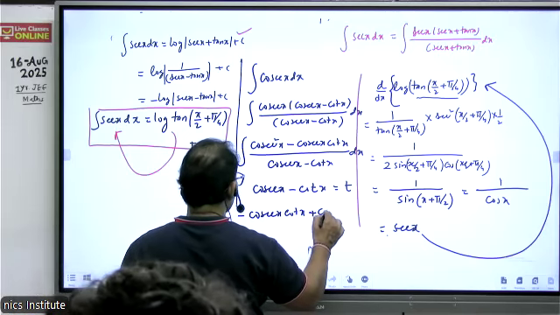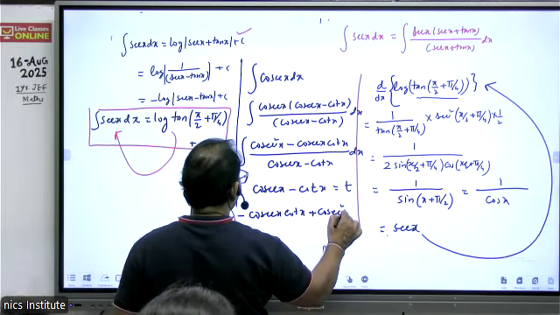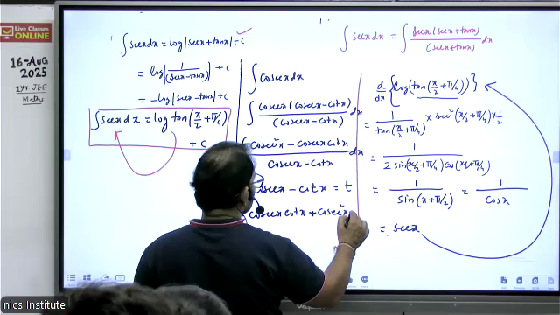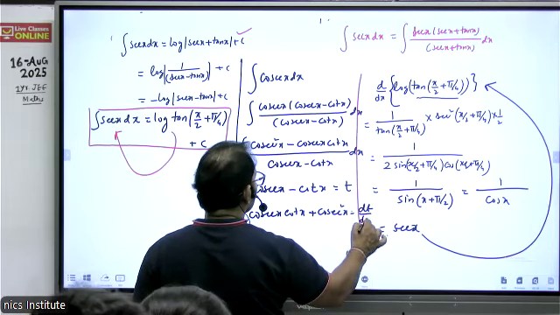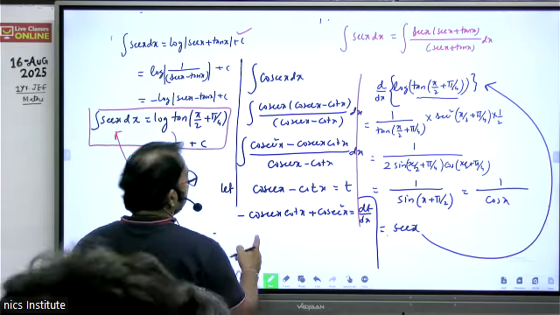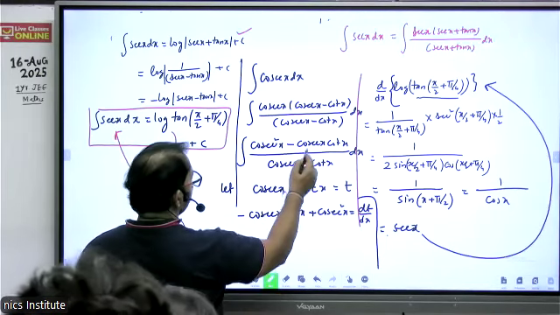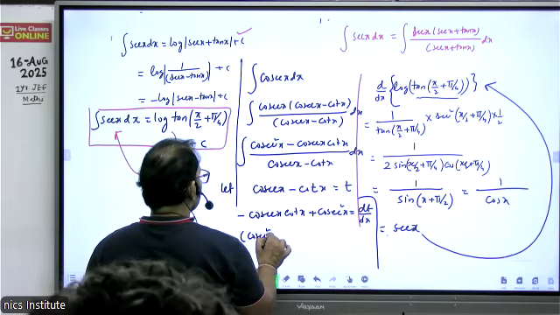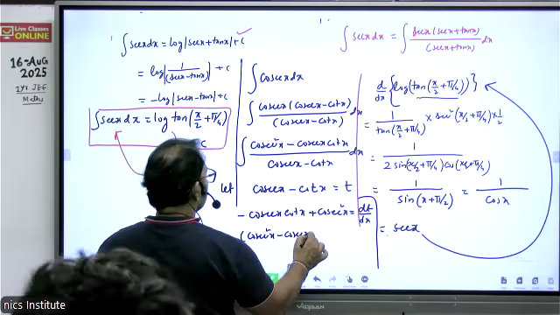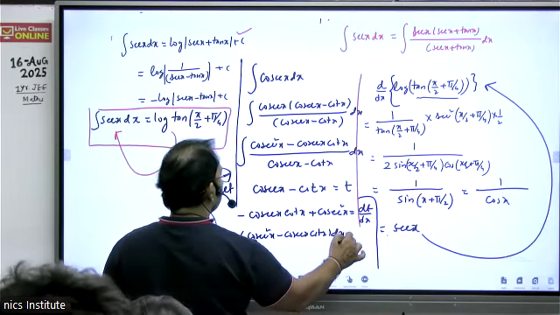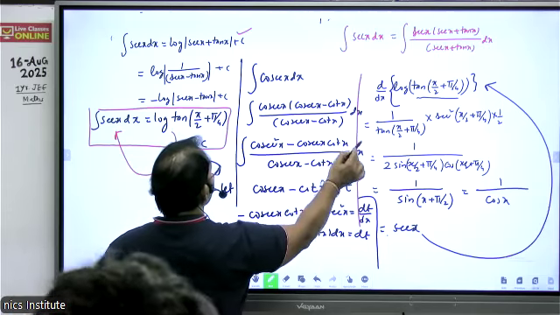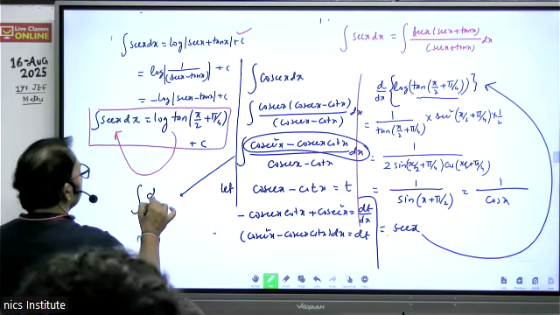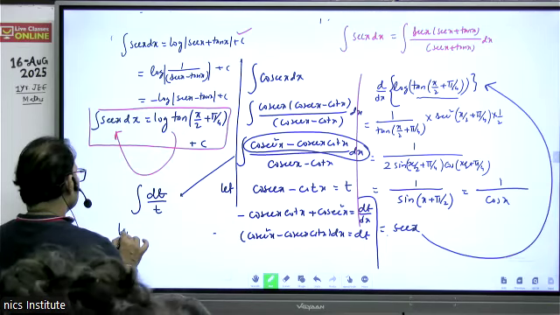You see, in trigonometric functions, if a function starts with c, cot, cosec, cos, its derivative will always be negative. So this is cosec square x minus cosec x cot x dx is equal to dt. So the entire numerator is basically dt, and the denominator is t.